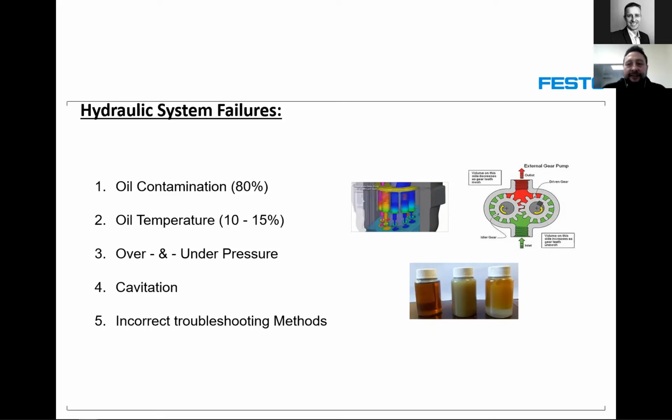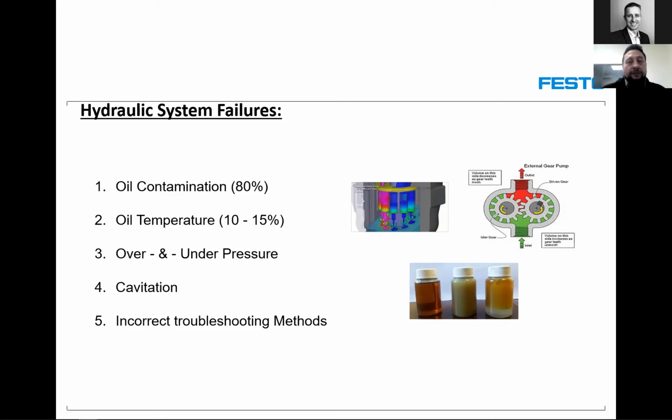Then you can also see the incorrect troubleshooting methods at the bottom of the slide. There are different ways to go about troubleshooting, and different methods you can take, but you need to have the basics to understand the hydraulics in order to be able to do it.